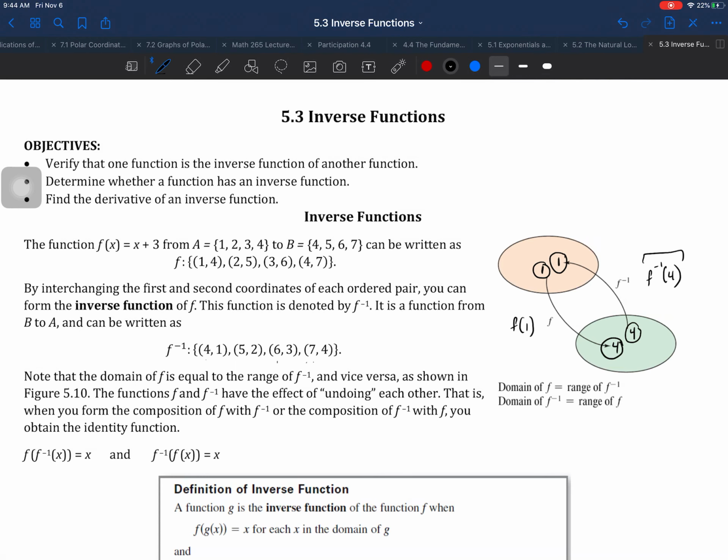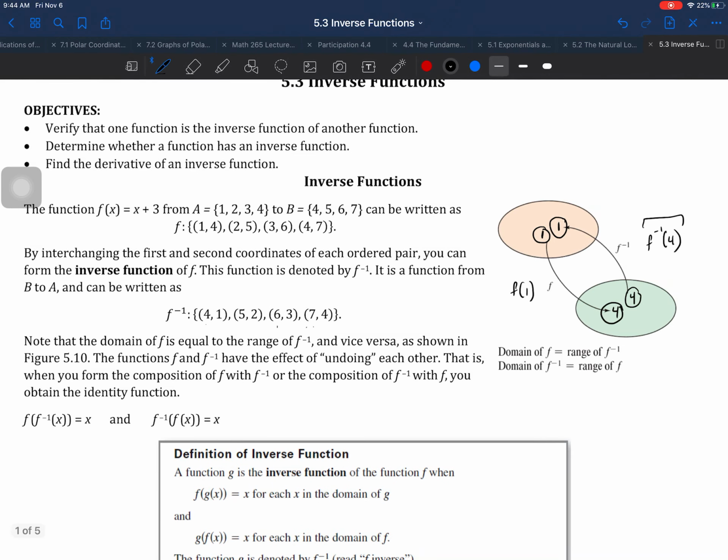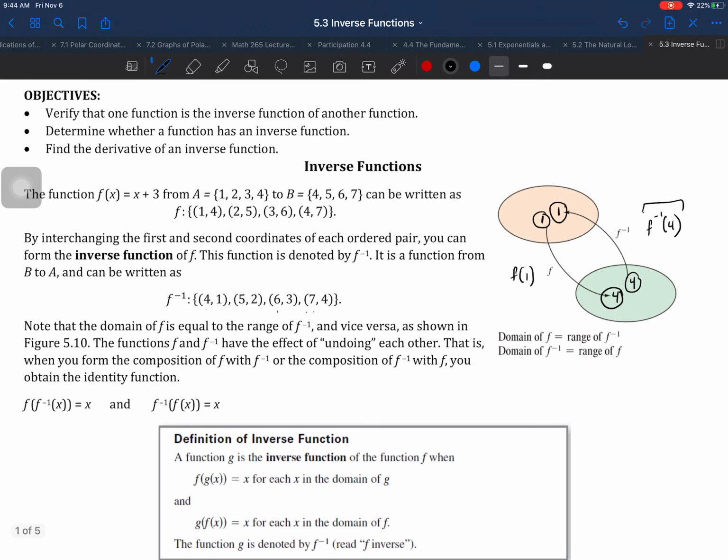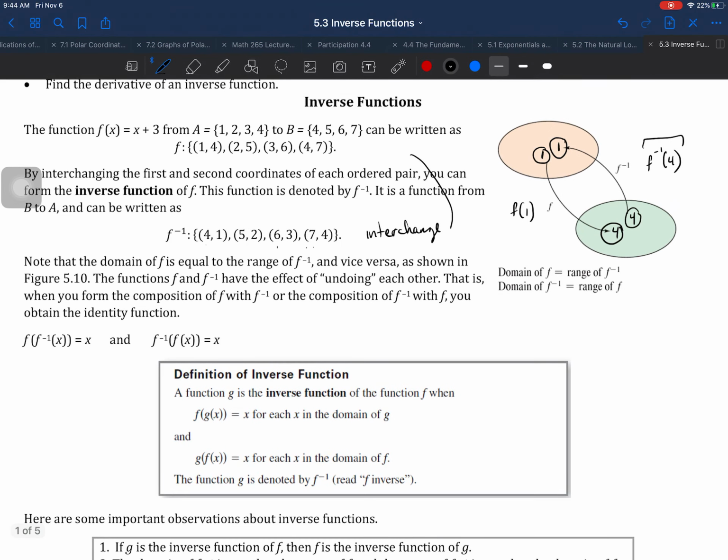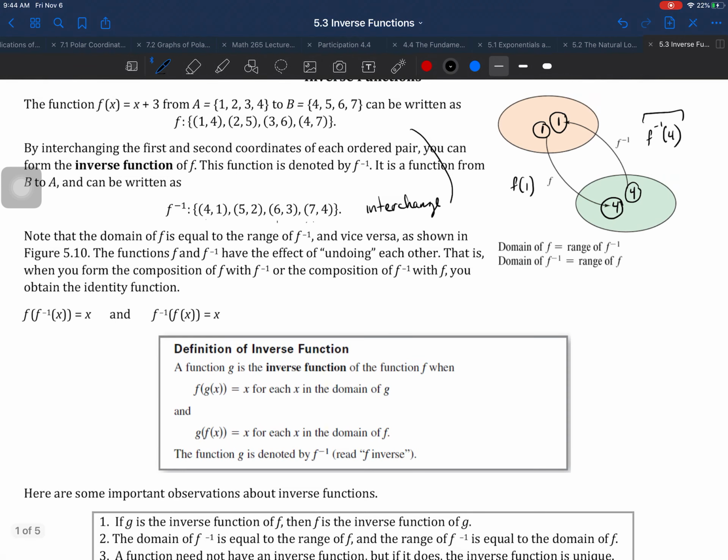So if you remember from algebra, the inverse function is the reverse, the interchange of the original relationship. By interchanging the first and second coordinates of each ordered pair, you can form the inverse function of f.